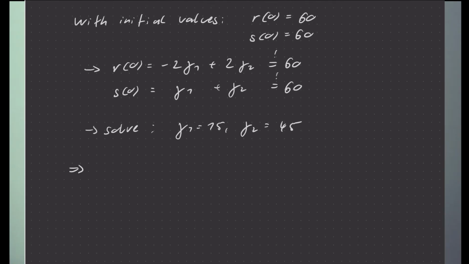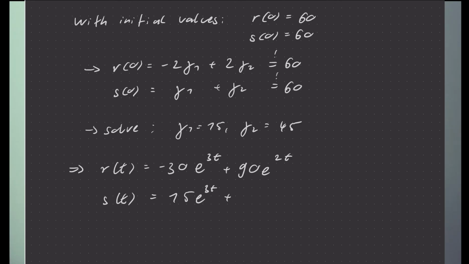So the solution that we have at the end is R of t equals minus 30 e to the 3t plus 90 e to the 2t, and S of t equals 15 e to the 3t plus 45 e to the 2t.